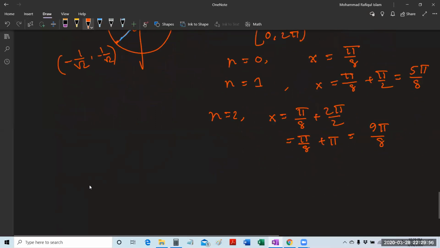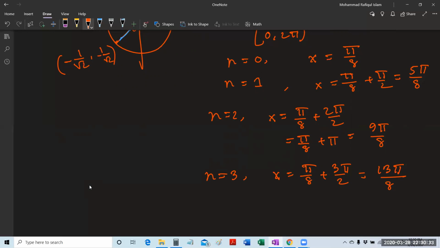So now we have to keep going this way. If n equals to 3, then x equals to pi over 8 plus 3 pi over 2. If we add these two, we'll get 13 pi over 8. If you are not comfortable with radians, you can calculate this in degrees and you'll find values in between 0 to 360 degrees.